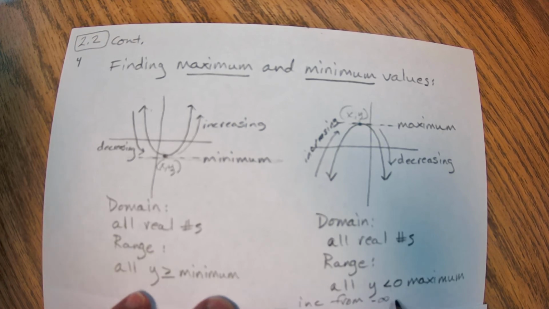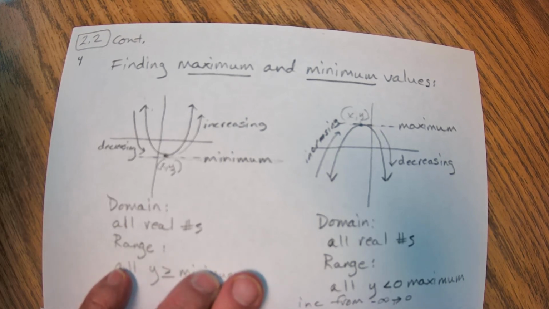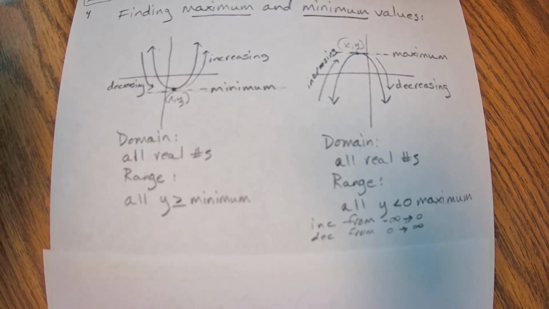From negative infinity to 0, and it's decreasing from 0 to positive infinity. We'll talk in class about other ways to write that, and you guys can decide. I'm not going to be too picky about that. If you can explain to me where it's increasing and decreasing, I can understand it. I'm going to go ahead and give you credit for that.